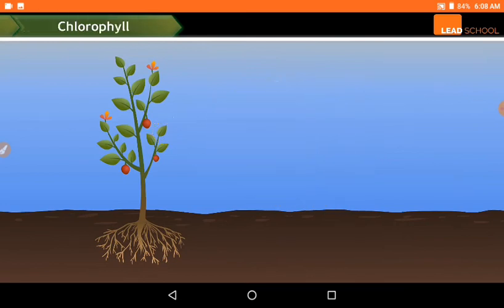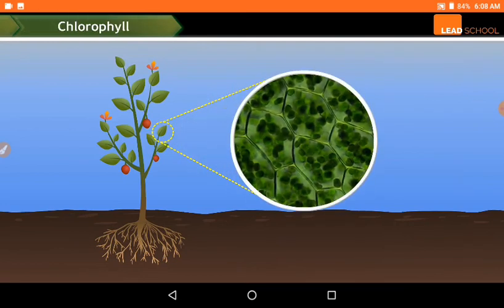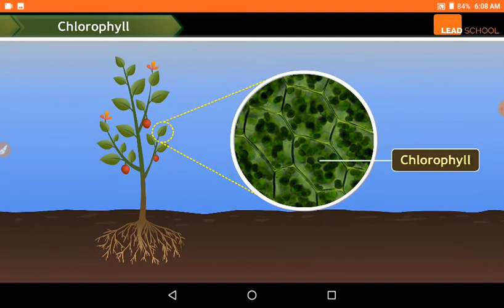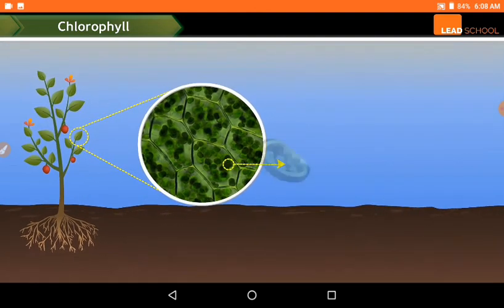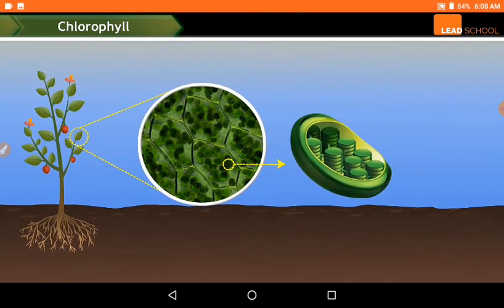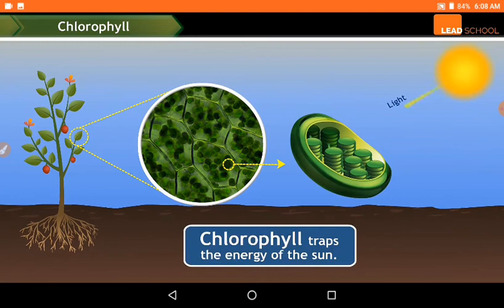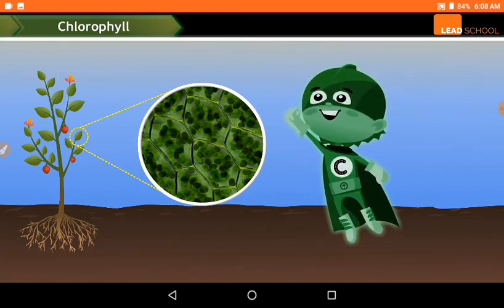Plants are special for another reason as well. They contain chlorophyll, which is a pigment that gives plants their green color. Chlorophyll, unlike other pigments, has the ability to trap the energy from sunlight and use it to produce food. It is truly the superhero of food production.